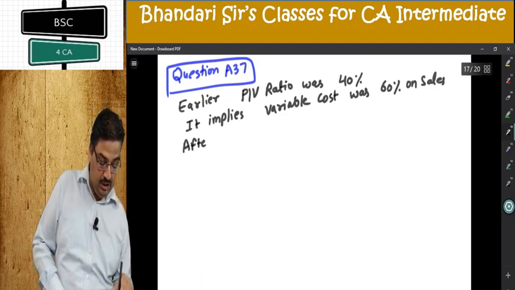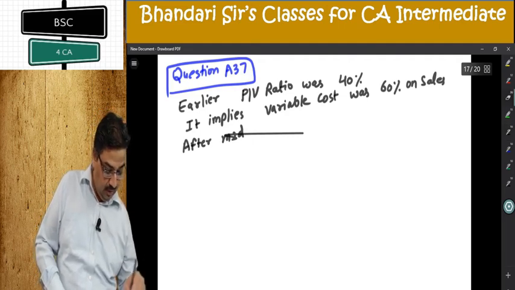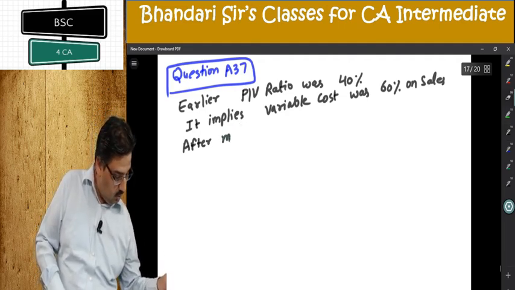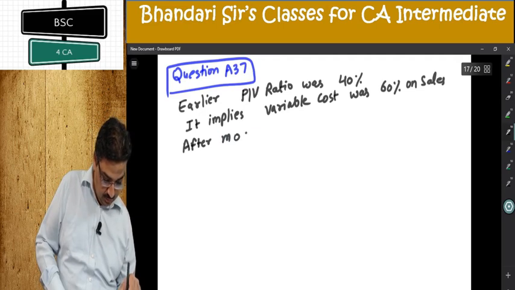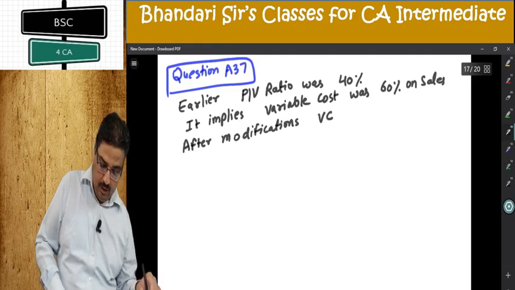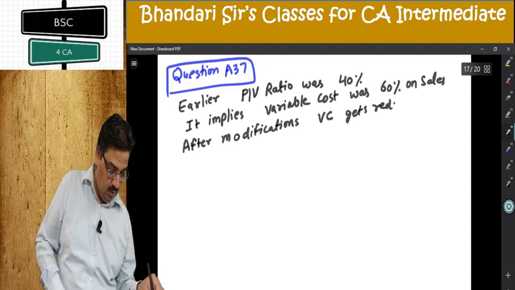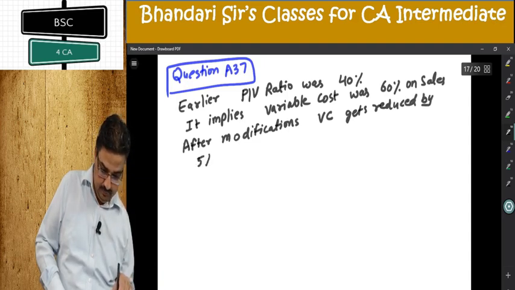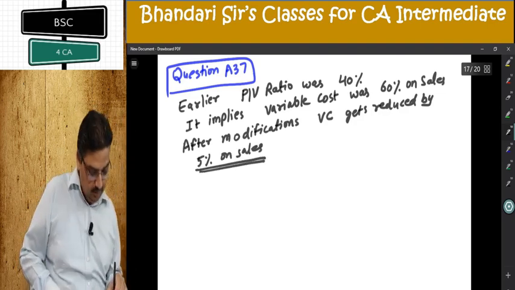After modifications, variable cost gets reduced by 5% on sales.